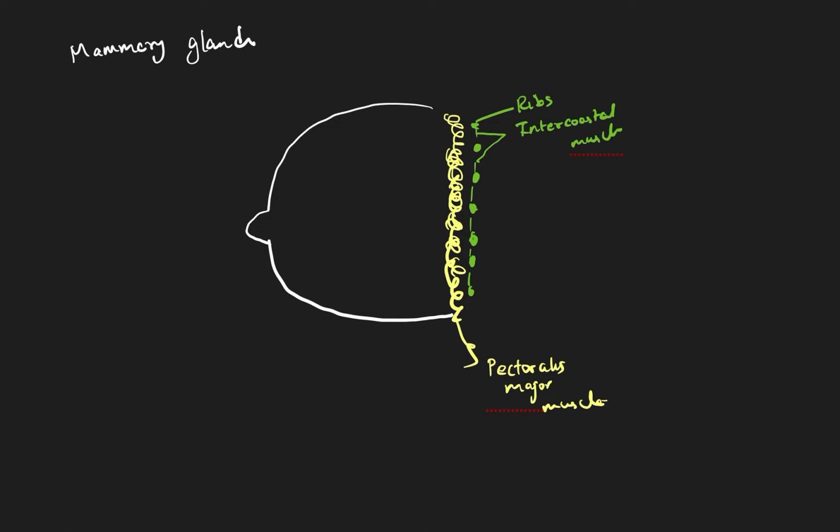Now we are going to draw. In between there can be fat. Everybody has a variable amount of fat, so different amounts of fat can be present. Then there is connective tissue. These white color dots are connective tissue.